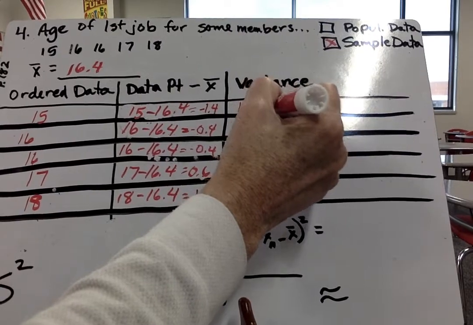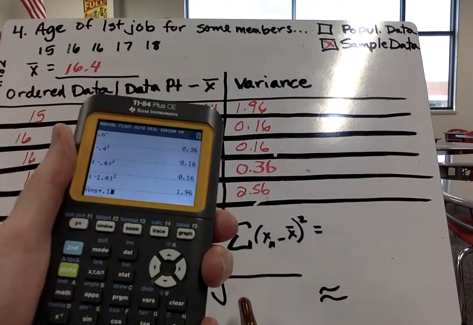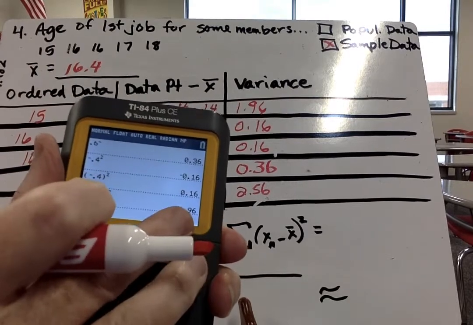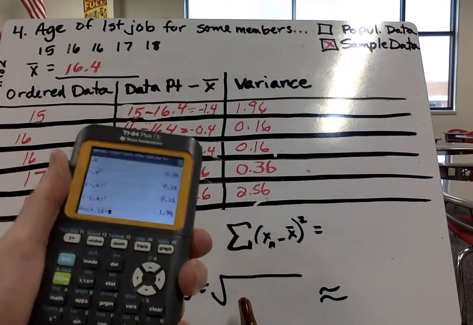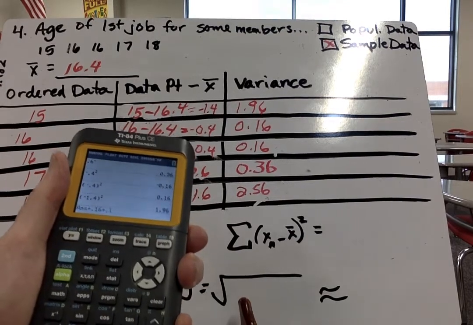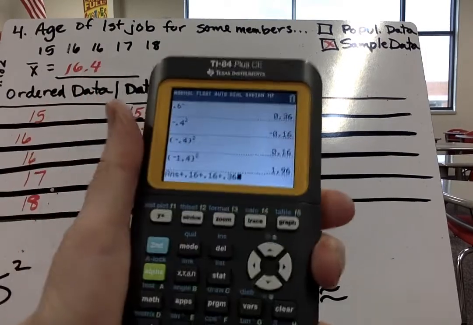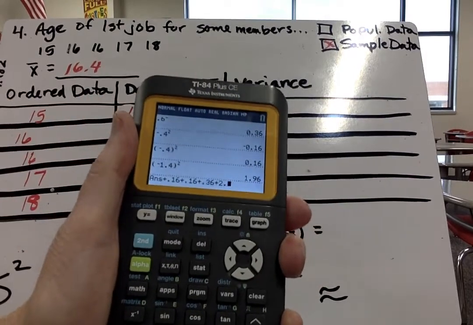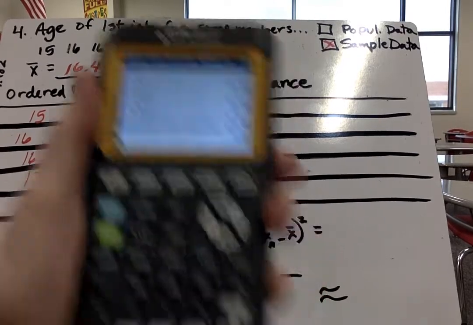Next, we're going to add these all up. Plus 0.16, it kept the 1.96, and I'm going to add all these straight down: plus 0.16, plus 0.36, plus 2.56, and it's 5.2.